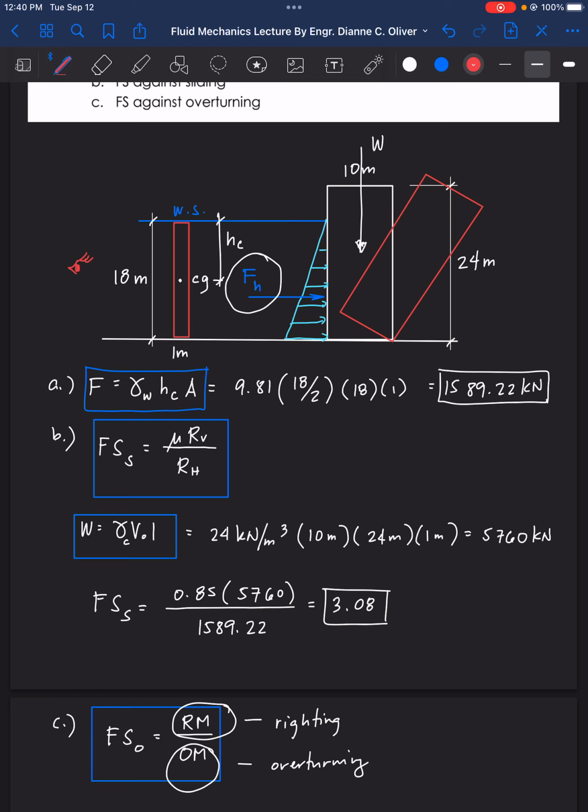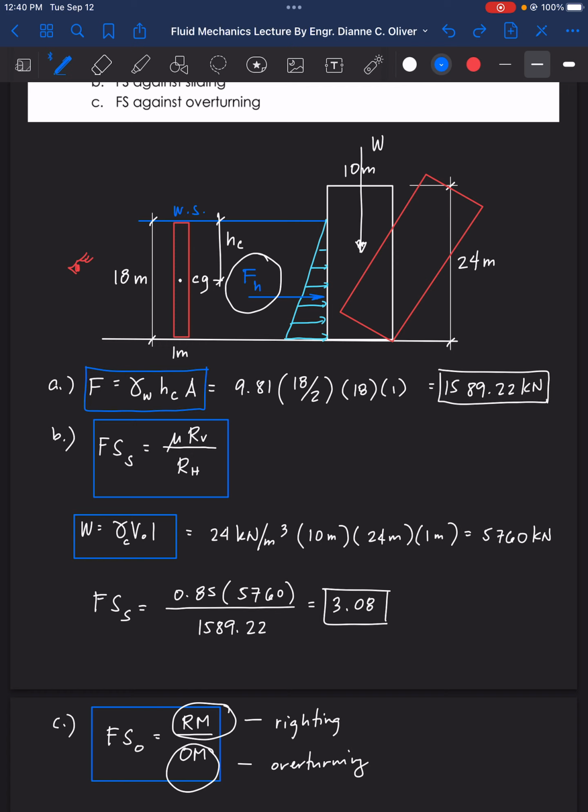So since it has this kind of scenario, we will have the rotation here at this point. Okay, so this is our rotation point. So this is the failure due to hydrostatic force acting on its side.